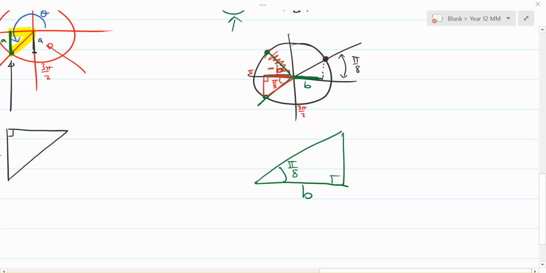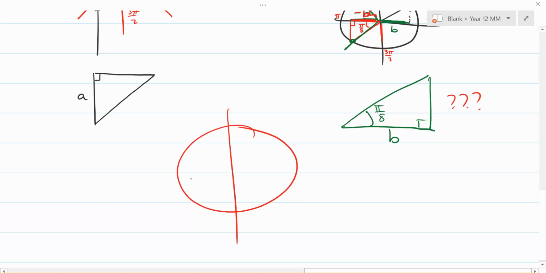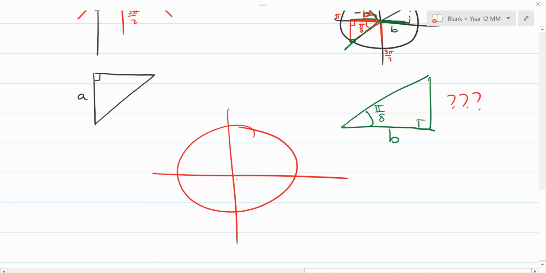So, how can I rotate my triangle so that B, instead of being on the x-axis, is on the y-axis, where it's negative B? So this is what I want. I'm going to draw exactly what I want. I want to have negative B down here. That's what I need. Let's say it stops here. So at this point, I want that to be negative B.